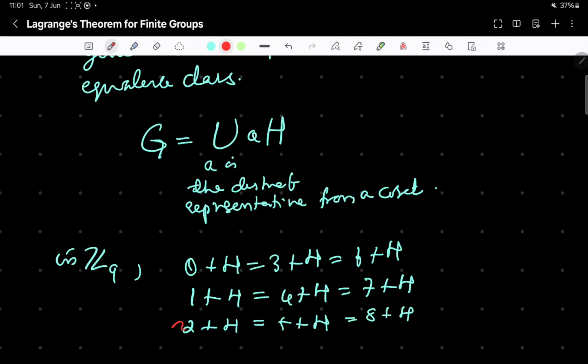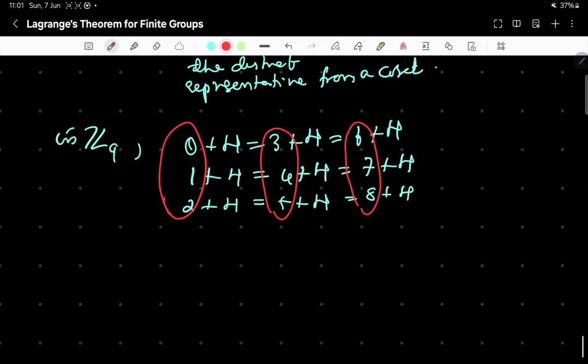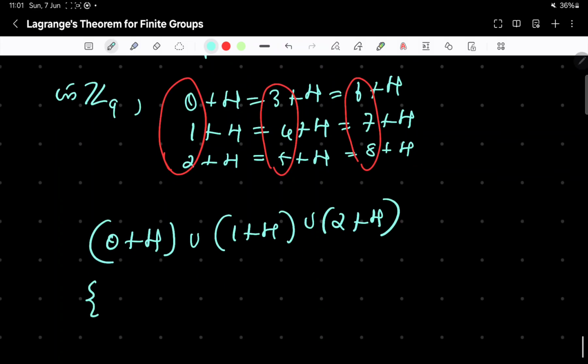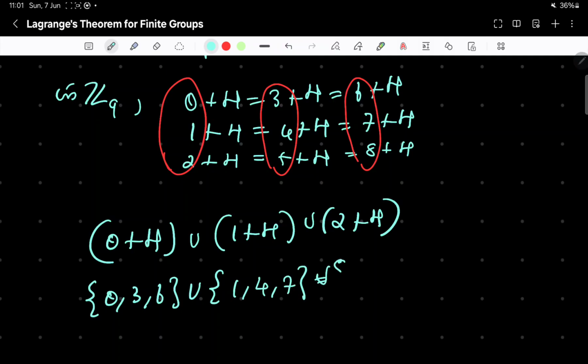So what does distinct representative mean? 0, 1, 2 is a distinct representative set. You can see this is in fact true, because if you take Z9 and find the union of 0 plus H, 1 plus H and 2 plus H: 0 plus H was exactly 0, 3, 6, 1 plus H was 1, 4, 7, and 2 plus H was 2, 5, 8.